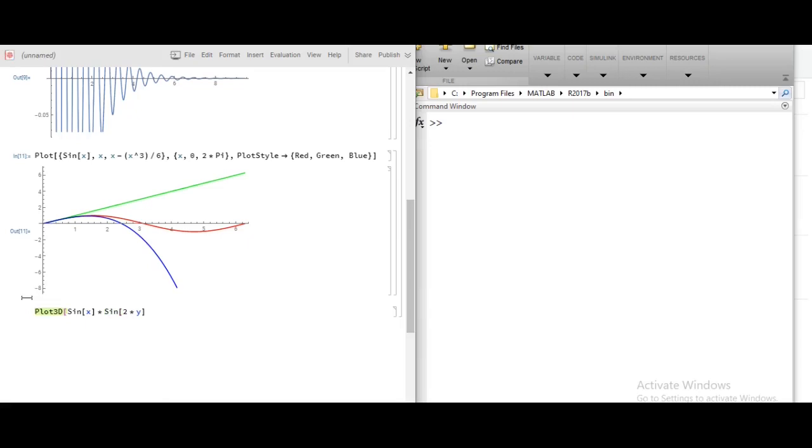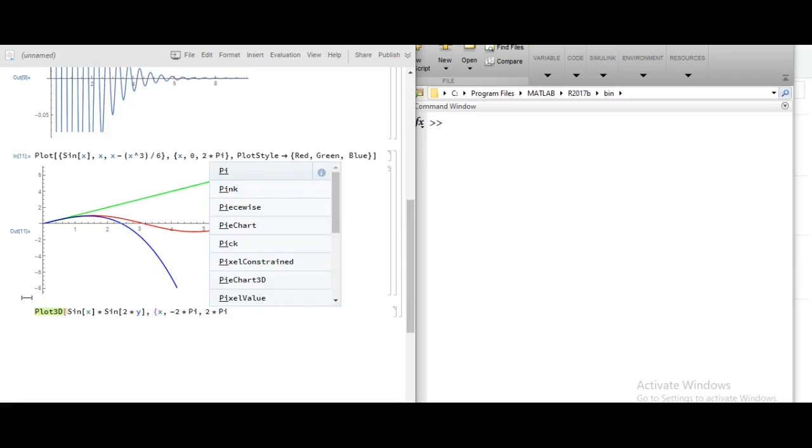We want to draw the plot of this sine x into sine 2y, and x varies from minus 2 into pi to 2 into pi.